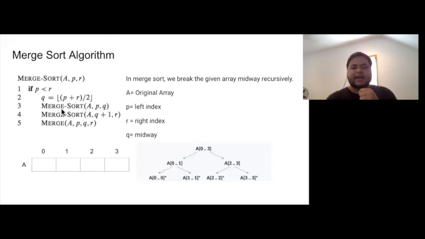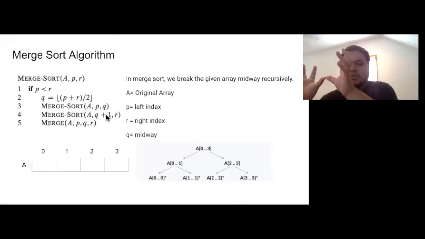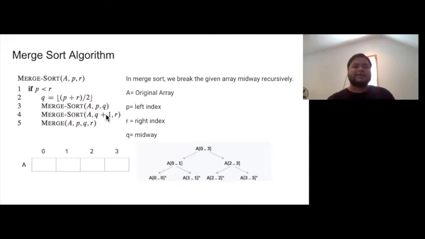And then merge sort with the array and mid plus 1 to the right index. That means we are passing the left subproblem, which is the left subarray, and the right subproblem, which is the right subarray. And then we call the merge function.